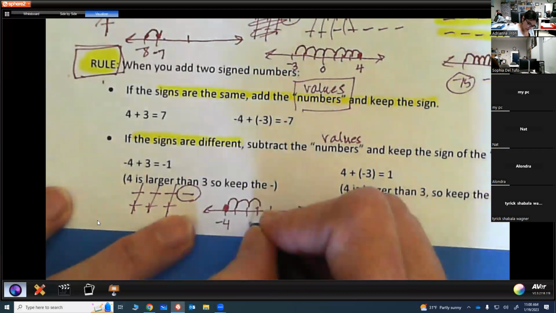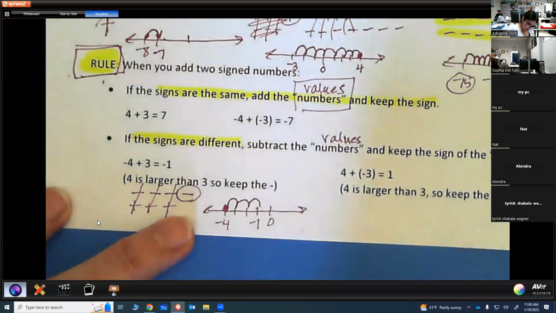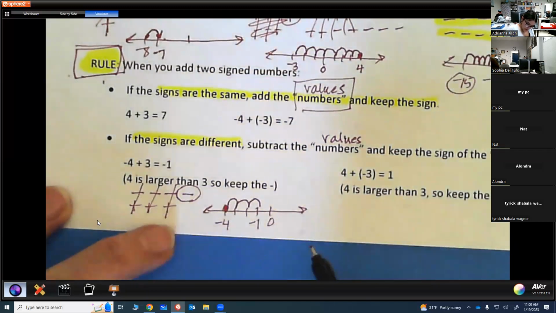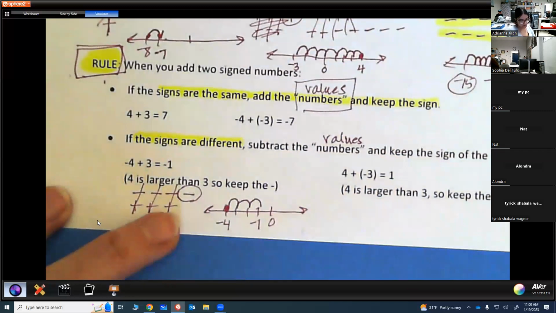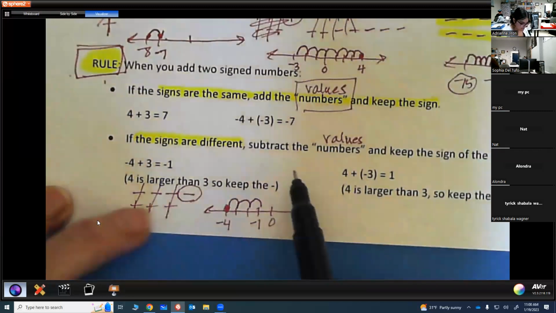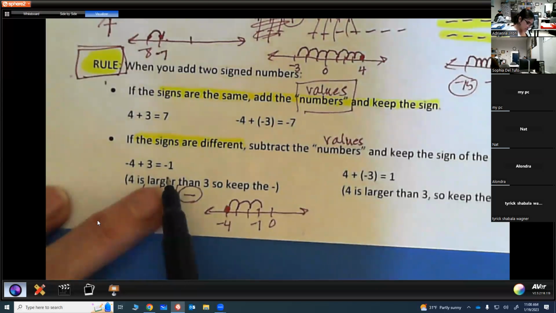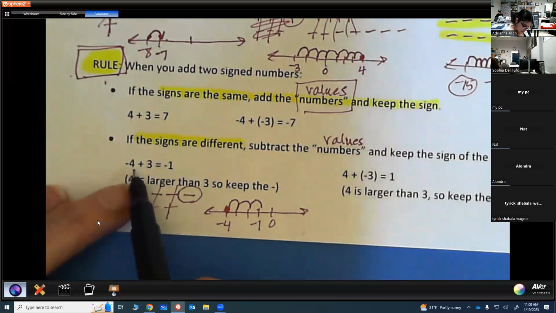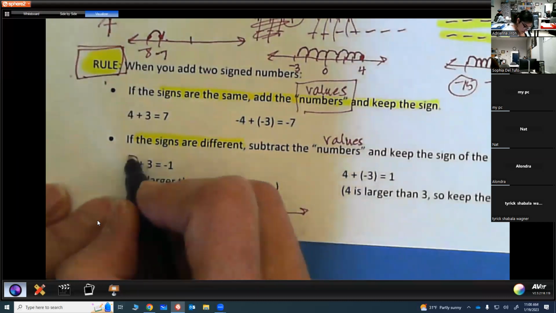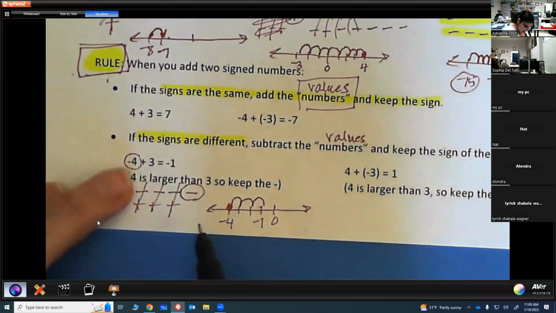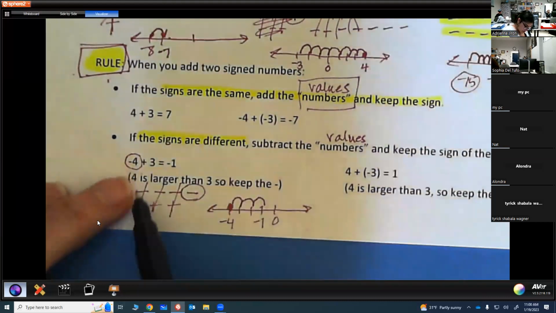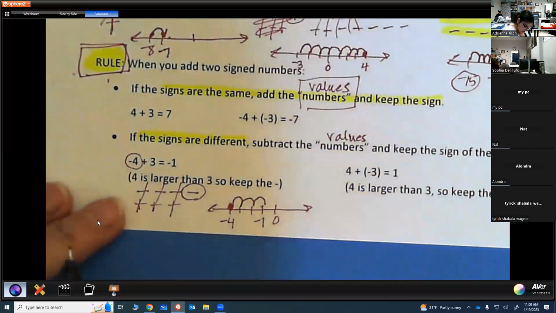I end up stopping at -1, but it's a larger value because I moved to the right. And so I end up with -1 that way. Now the rule just says take the 4 and subtract the 3 and keep the sign of the larger value, which is -4.